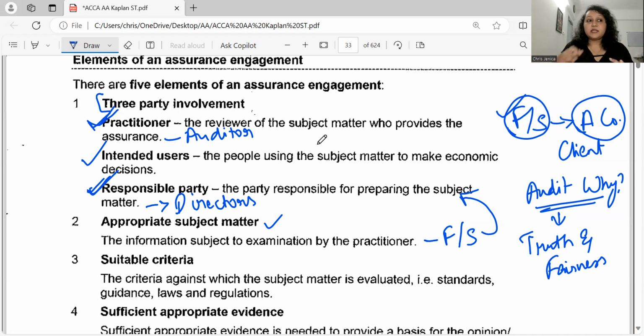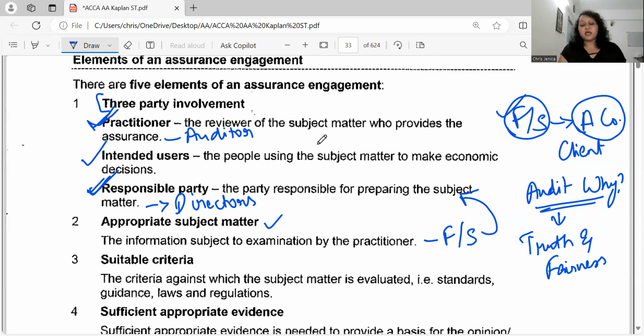So, there is a possibility that the directors could manipulate the financial statements to show a better position because they are the persons who are completely engaged in the day to day running of the business. Now, when they report manipulated financial statements to the shareholders, it's going to impact the economic decisions that the shareholders will make based on the financial statements.